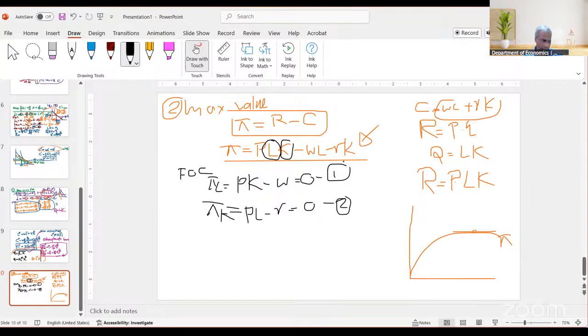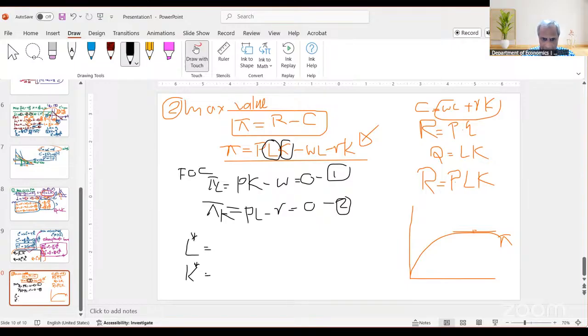Now only two unknowns and two equations we got here. From these two equations, we can find L, that is the optimal amount of labor hired at the profit maximum level, and K, that is the optimal amount of capital you recruit at the profit maximum level.